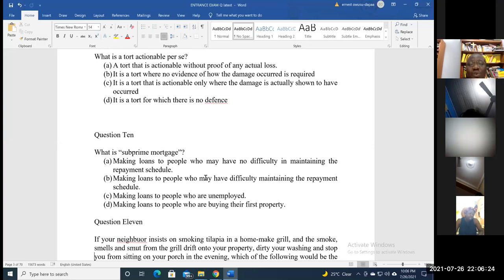They say there is a tort that is actionable only where the damage is actually shown to have occurred. No, that is the opposite of what the question is actually talking about. So you have to juggle between A and B. B says it's a tort where no evidence of how the damage occurred is required. If you look at A and B, one would argue that they are essentially the same.